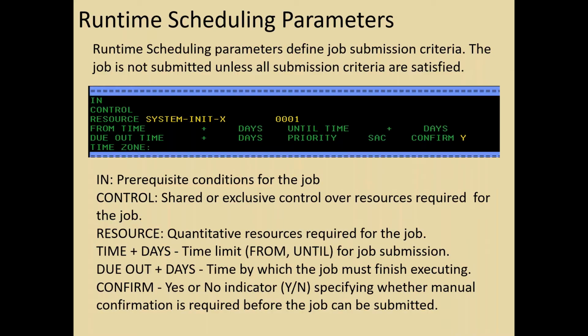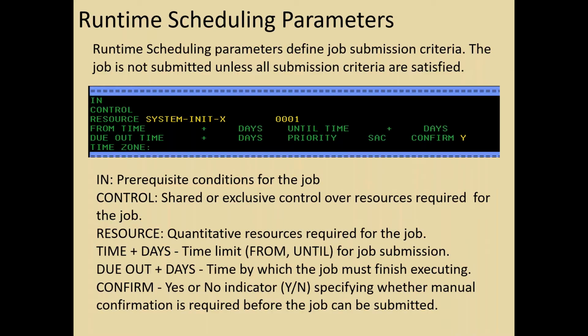Once you remove it, your job will start executing. Similar cases happen with your in conditions. There will be situations where your in condition is satisfied, but still your job is not executing. At that time you need to come here and remove the in conditions written in this parameter and free the job again, not restart, free the job again.